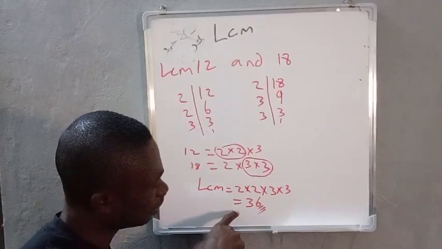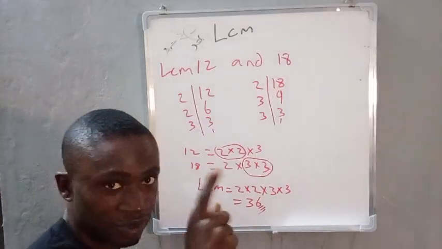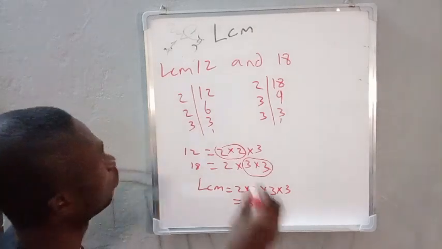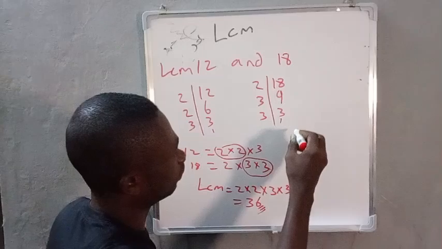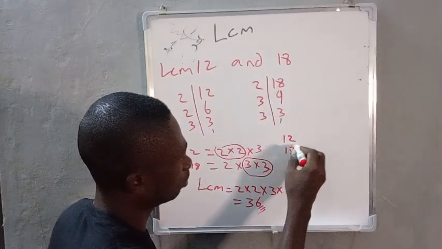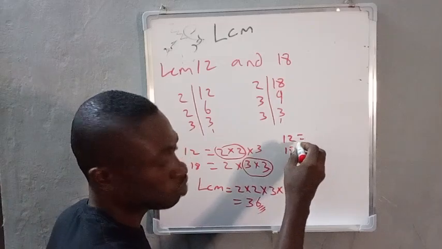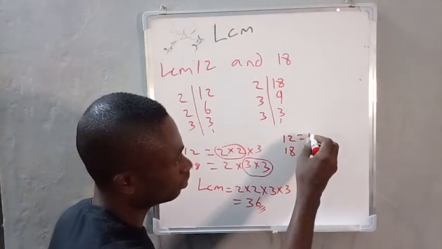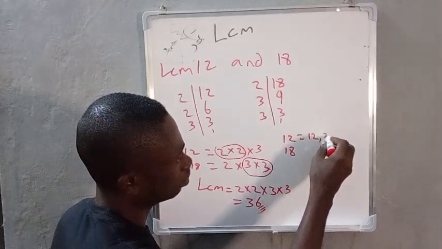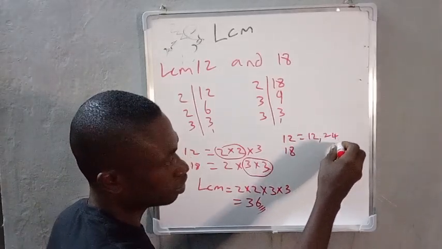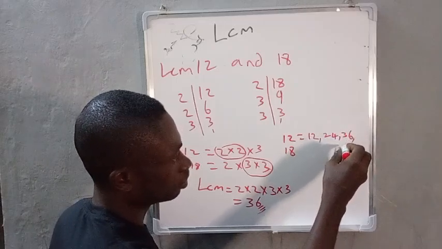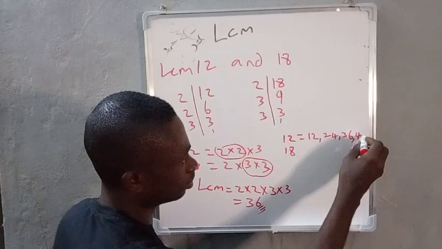So to find out whether this LCM is correct or not, remember once again, I talked about multiples. So let's look at multiples of 12 and multiples of 18. The multiples of 12, 12 times 1 is what? 12. 12 times 2 is what? 24. 12 times 3 is what? 36. 12 times 4 is what? 48.